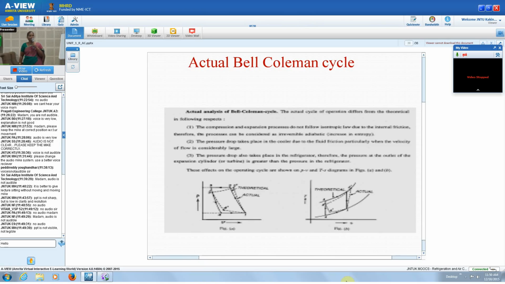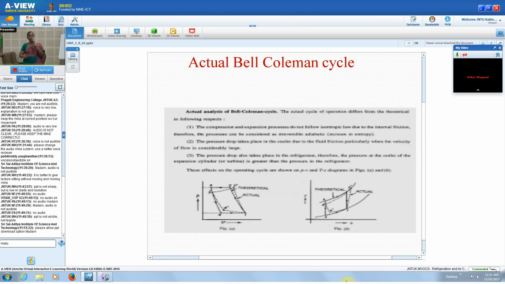Similarly, during the expansion process 3 4, 3 4 is represented by a solid line representing the isentropic expansion. But that is not possible, so it is shown by 3 4 dash, which is a polytropic expansion. It is also seen that there is some pressure loss during evaporation in the refrigerator also.